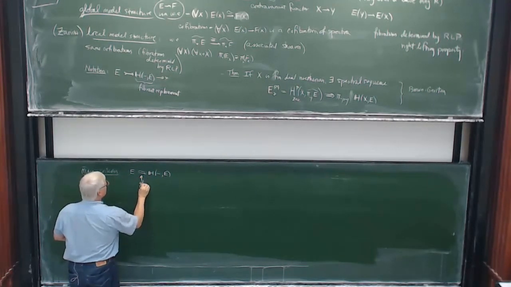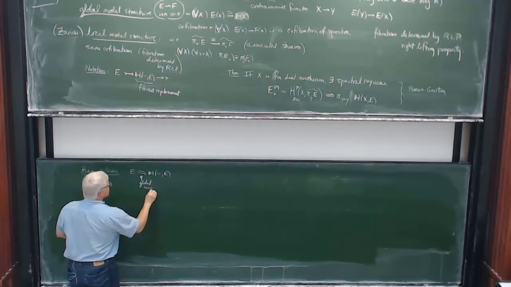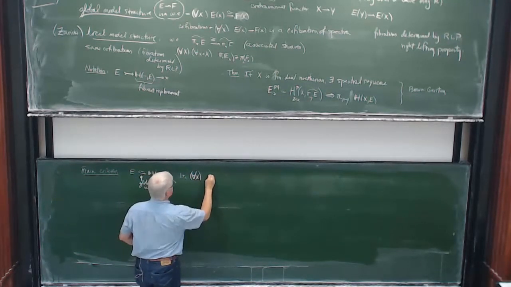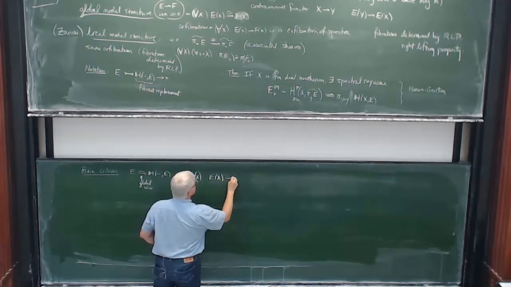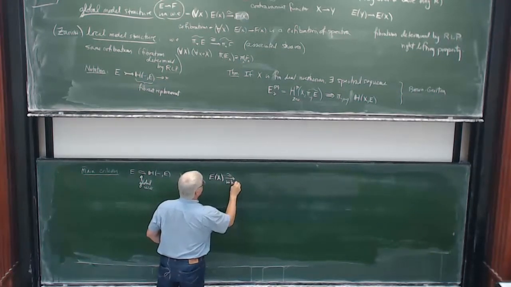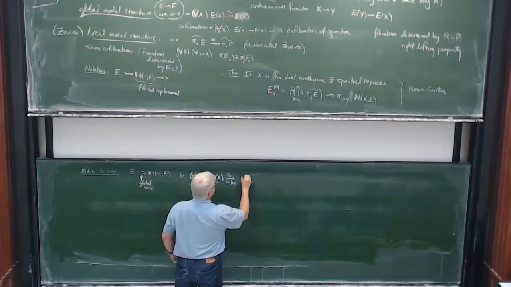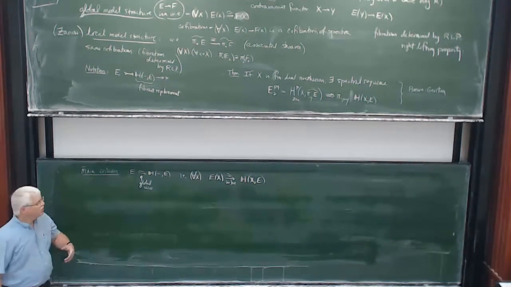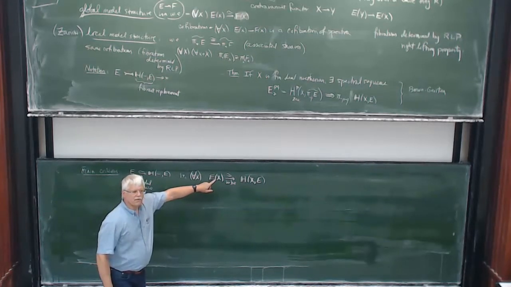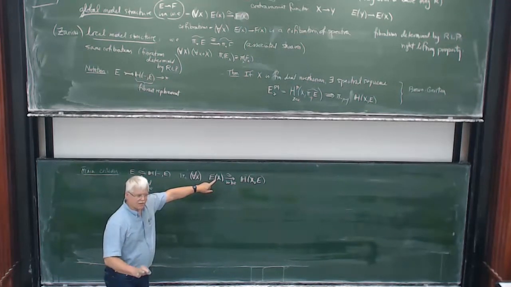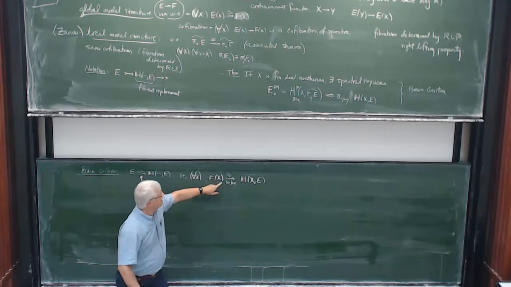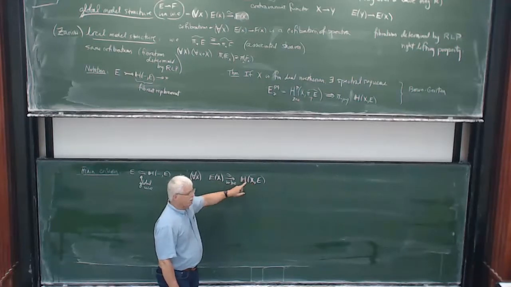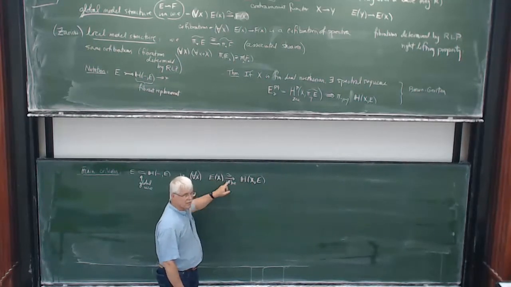So this is a global weak equivalence, i.e. for every x, E of x is weakly homotopy equivalent to H of x comma E. So I want to remind you that the yoga that I'm doing, E is a presheaf of spectra, so E of x is a spectrum, an honest topological thing that topologists love. This is actually a spectrum as well, so here I have a map between two spectra, and to say this is a weak homotopy equivalence means it's an isomorphism on homotopy groups.